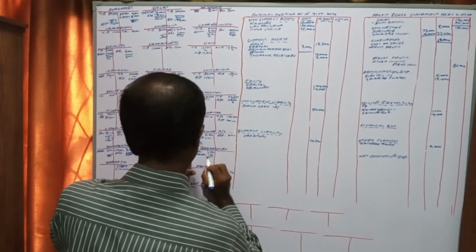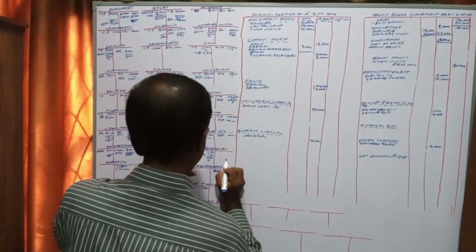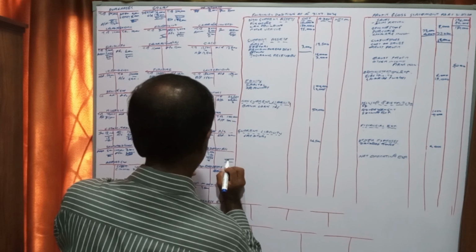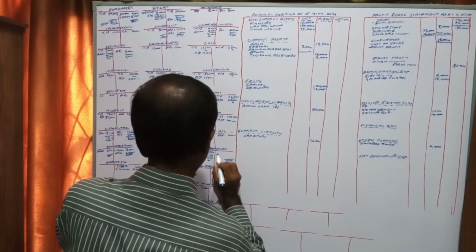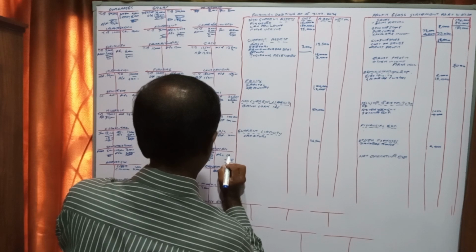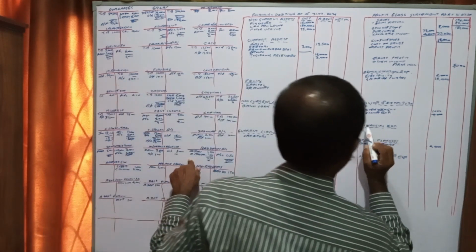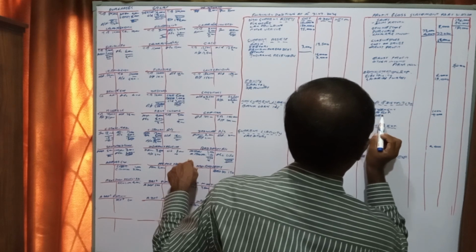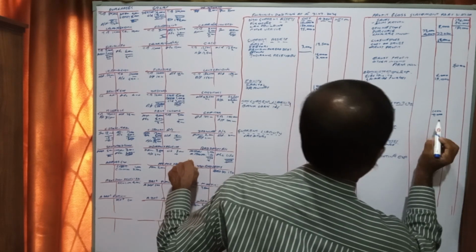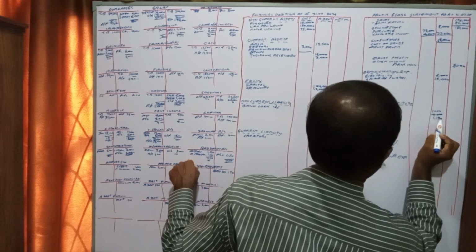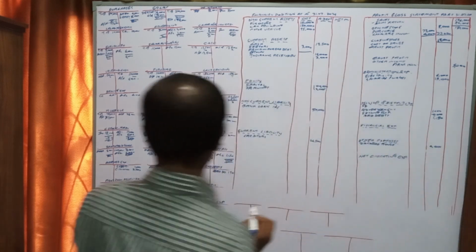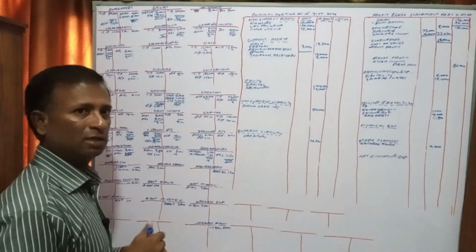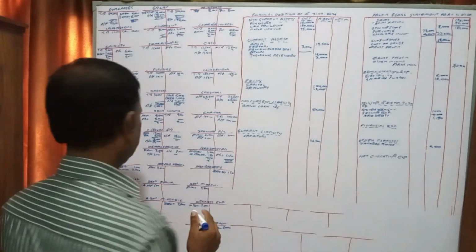Bad debts 1,150. That is to P&L 1,150. Bad debts under the selling and distribution expenses 1,150. Right? It is coming under the selling and distribution bad debts, right?